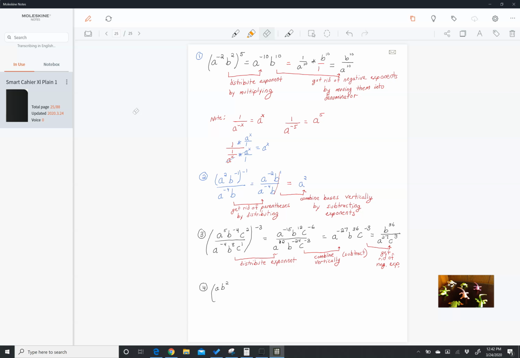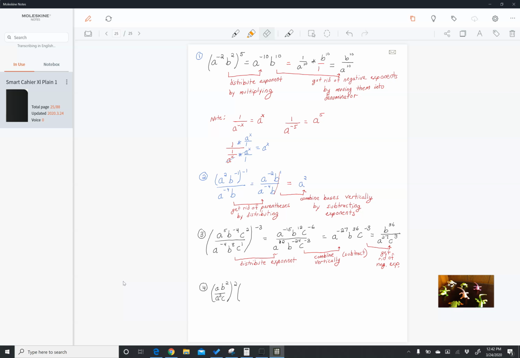A, b squared over a cubed, c. We're going to square this. Now this looks like it's going to be so much harder, but please, please, please be aware that it's not harder. It's just a little bit longer. This is an a over here.